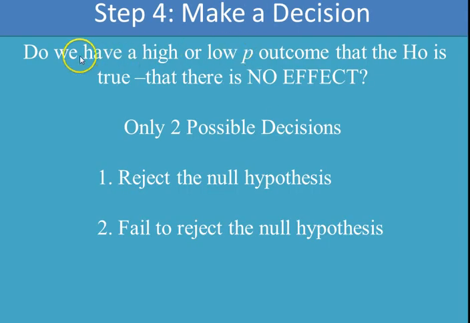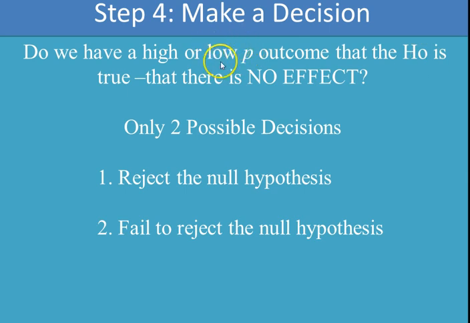And once we've answered that question, do we have a high or a low probability outcome? And remember that we're talking about high or low probabilities that H0, our null hypothesis, is true. So another way of saying that would be, do we have a high probability outcome that there is no effect, that H0 is true?